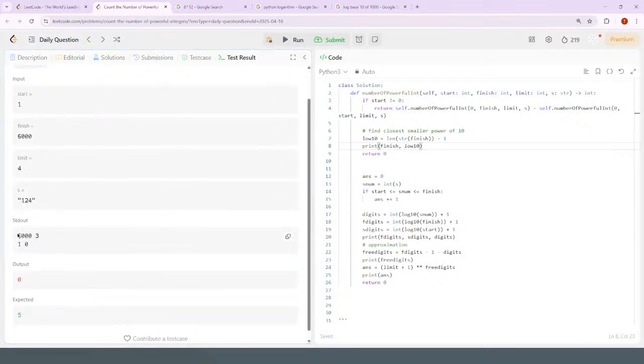So 1000 is the lower power of 10. So let's do 10 to this power.